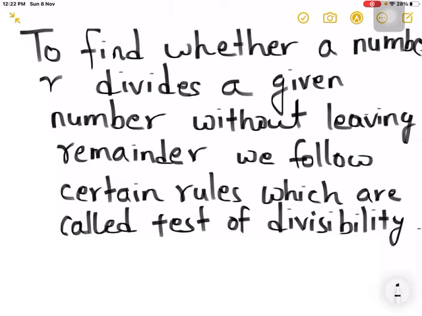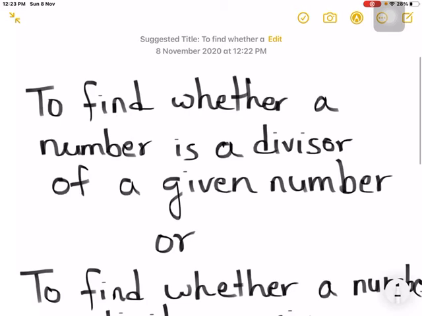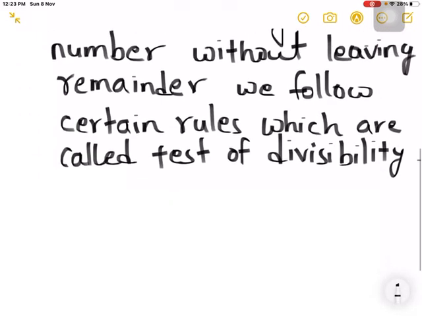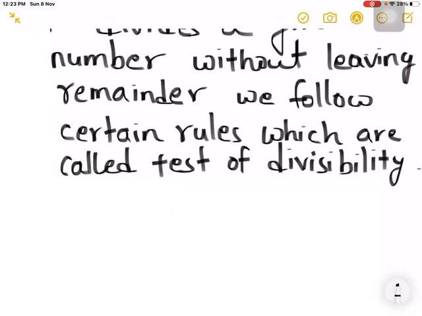We follow certain rules which are called test of divisibility. We have certain rules to test the divisibility for numbers 2, 3, 4, 5, 6, isn't it? So today let us learn the divisibility rule for different numbers.